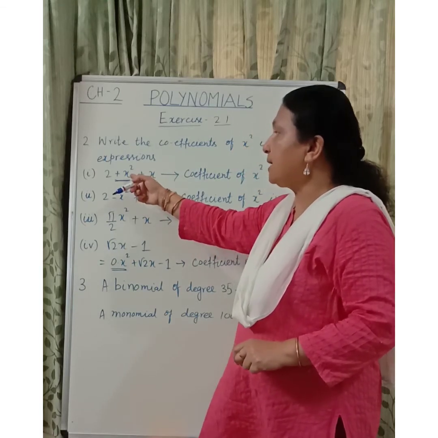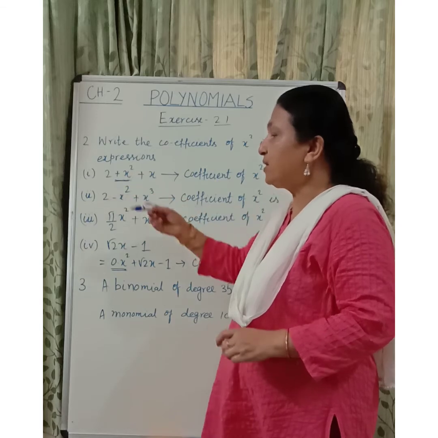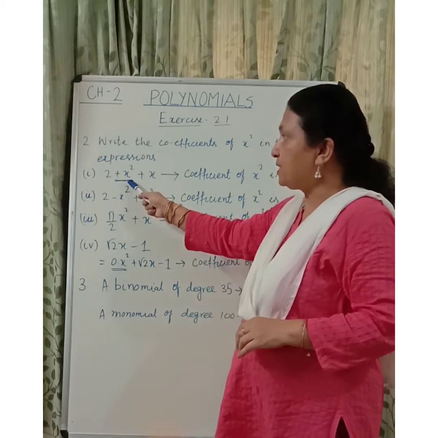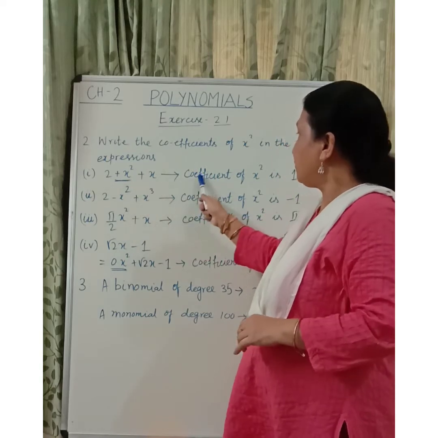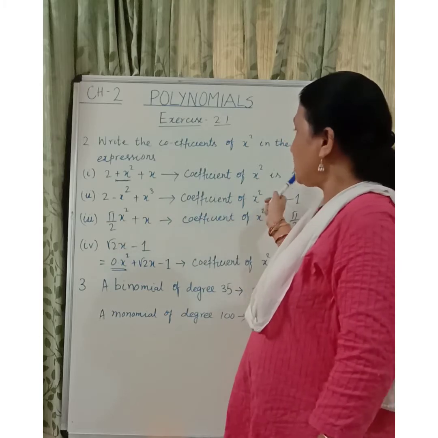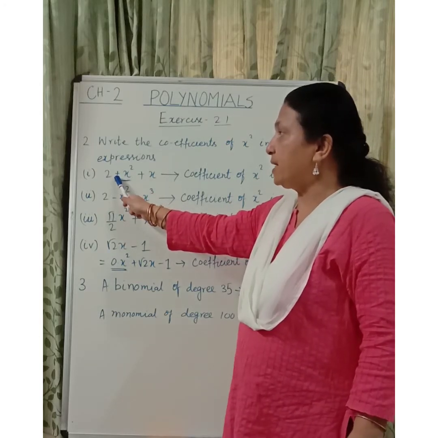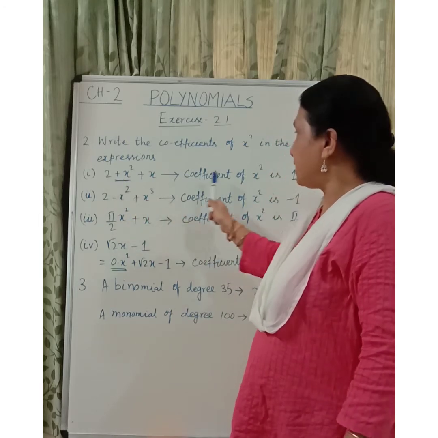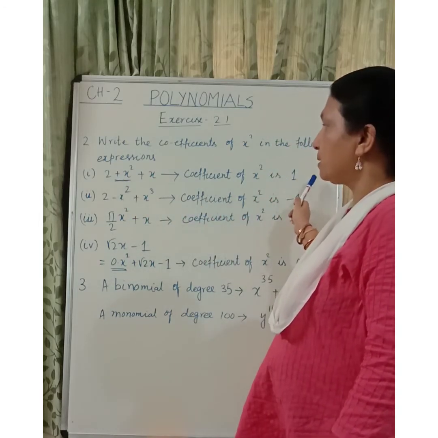Now you can see x square multiplied with 1 is how much? Is x square. So what is the coefficient of x square? Coefficient of x square is 1, that is plus 1. Why plus 1? We have plus sign before this term x square. So coefficient of x square is 1.